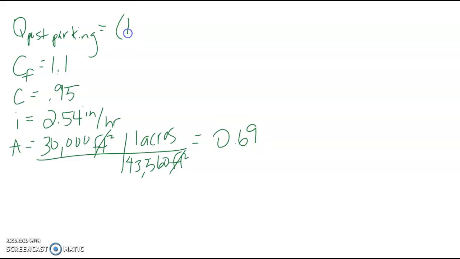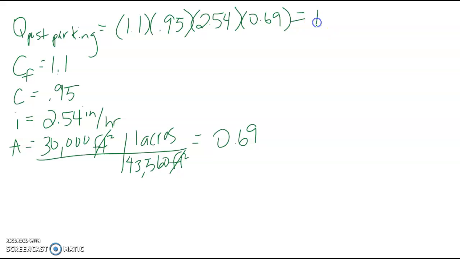So then I can plug everything in here. So I have 1.1 times 0.95 times 2.54 times 0.69. And that is going to give me 1.83 cubic feet per second. And I had done the calculations ahead of time just so it would make this go a little bit easier.